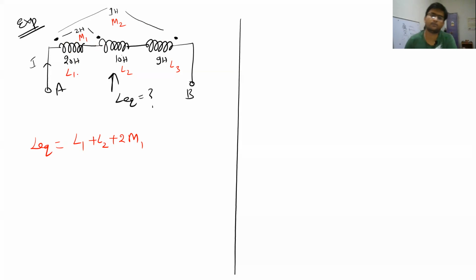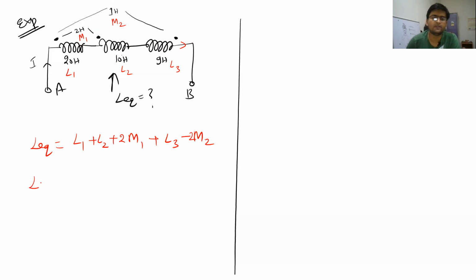The current is entering both the coils at the dot, then plus L3, and for L3 we will have to take a negative sign, because the dot is on the other side, so current is exiting from the third coil's dot side, and it will be 2 times M2. Why 2 times? Because the first mutual inductance will be in this 9 Henry inductor because of the first coil, and also in the first coil there will be a mutual inductance of M2 due to the third coil.